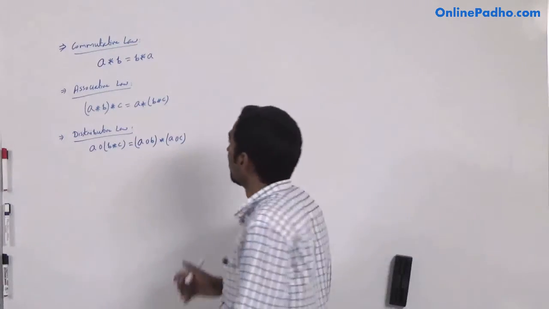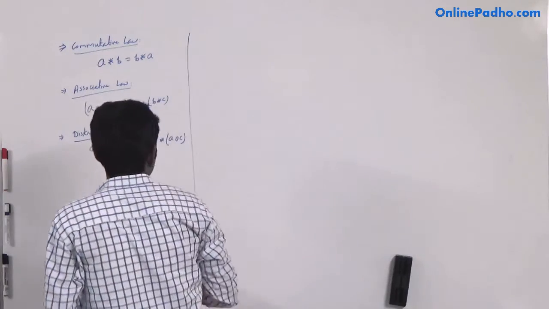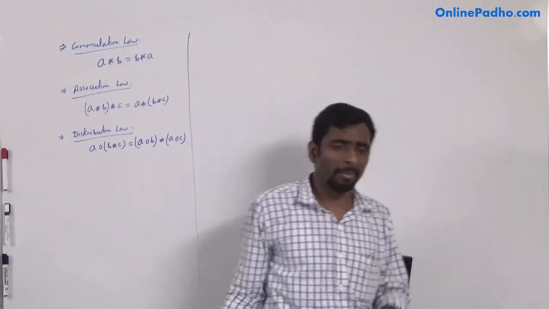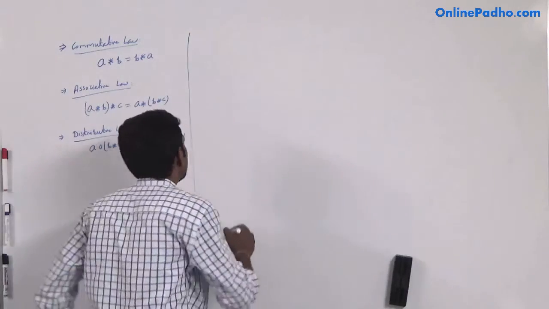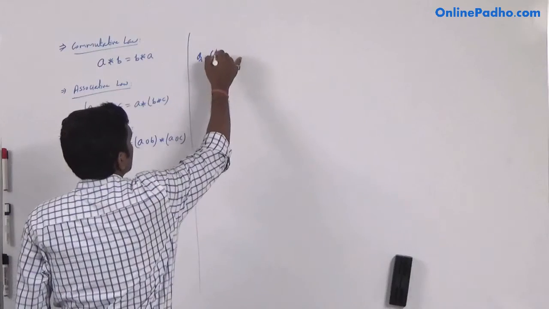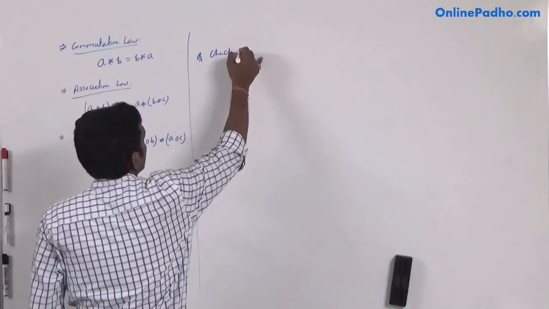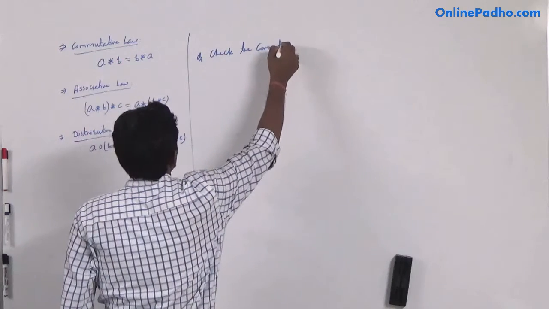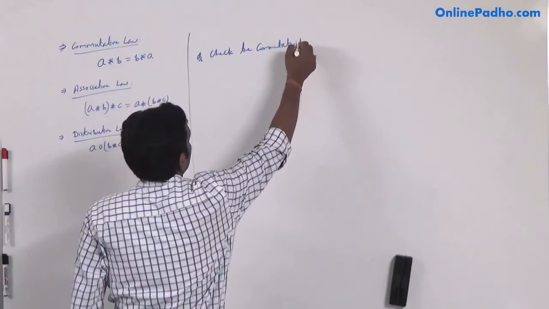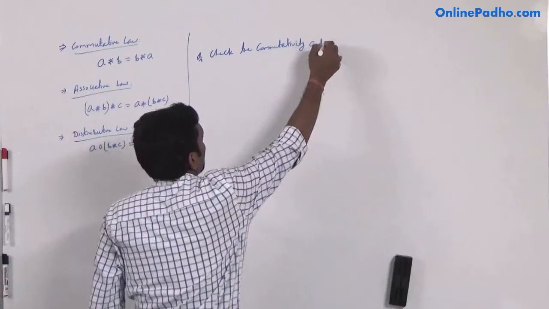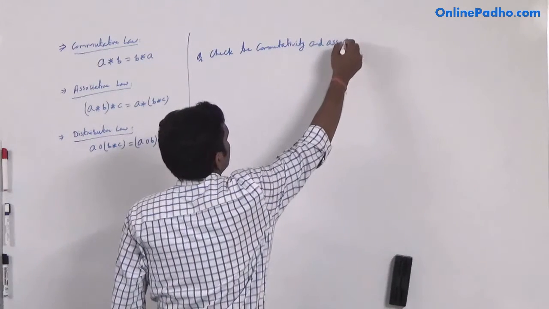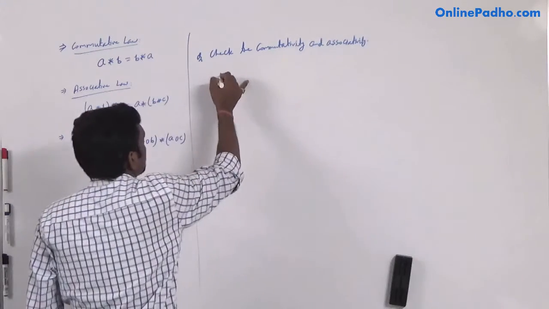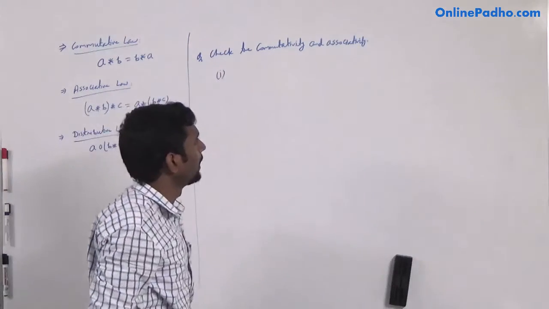Now these are very important: commutative law, associative law and distributive law. We need to solve questions related to these, and this is a very important question for 4 marks. Let us consider the question: check the commutativity and associativity.